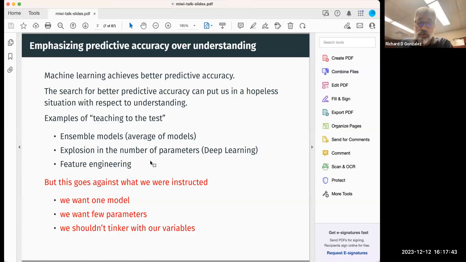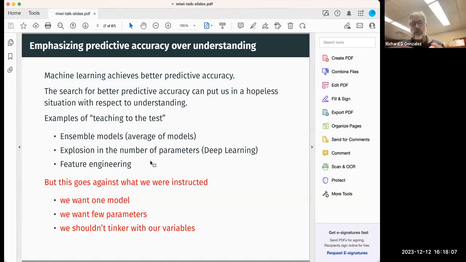And we're also told that we shouldn't tinker with our variables, that there's something sacred about the column of numbers that we observe, and we shouldn't try to re-express those numbers in dozens and dozens of ways, almost like a fishing expedition, trying to see which versions of those variables might perform better at prediction, right?